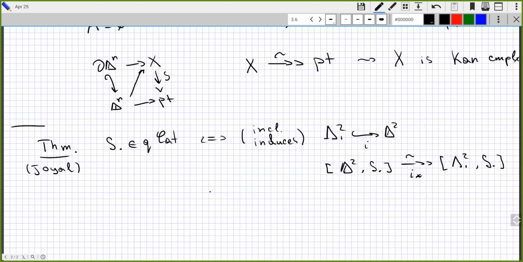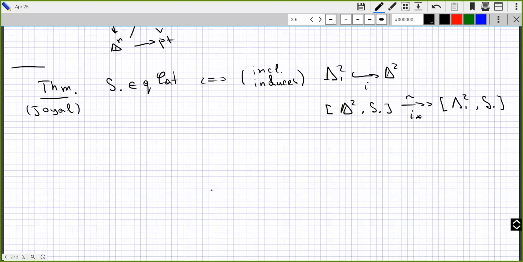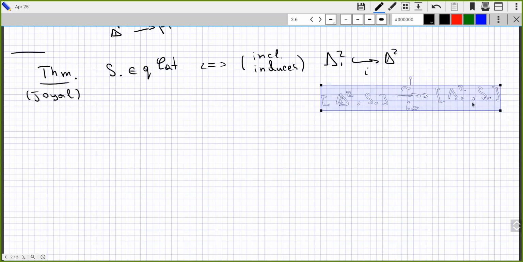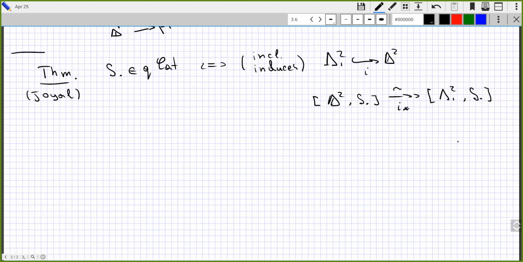Okay, basically this theorem is very technical. So are we taking just one horn in dimension 2? Sorry, what did you say? So we consider only the inclusion of the horn Λ^2_1. Oh, yes, yes, yes.